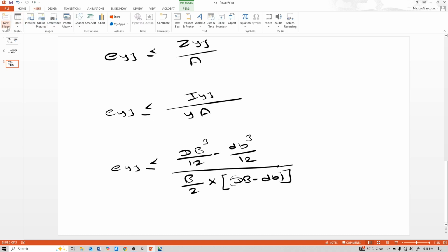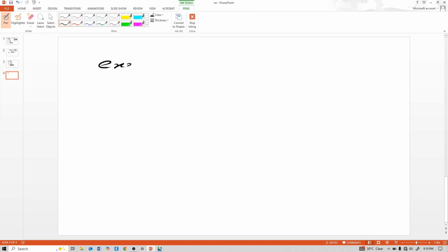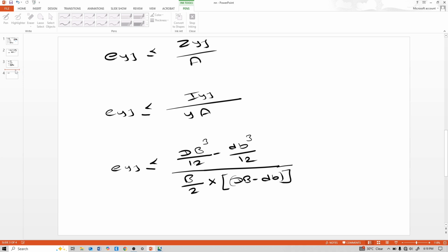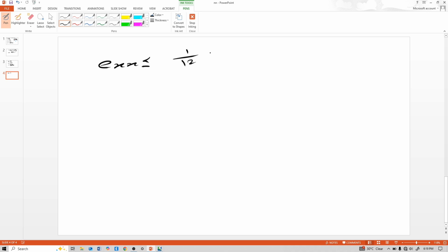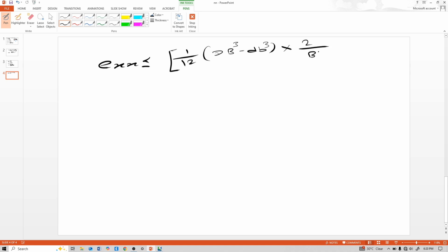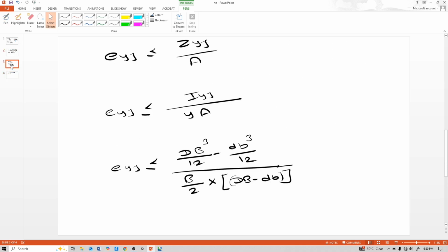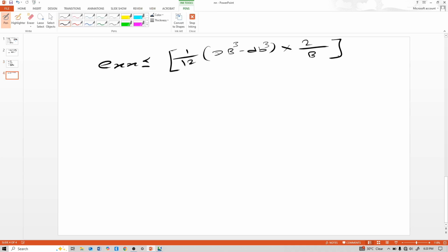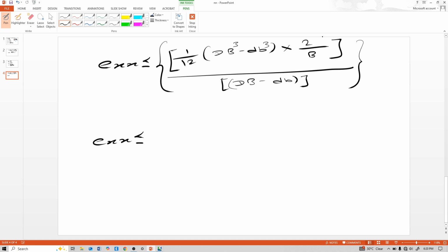Again rearrange it mathematically: take 1 by 12 common, (D B cube minus small d small b cube) into 2 by B over (DB minus small d small b). So 2 sixes are 12, this is (D B cube minus small d small b cube) divided by 6B (DB minus small d small b).